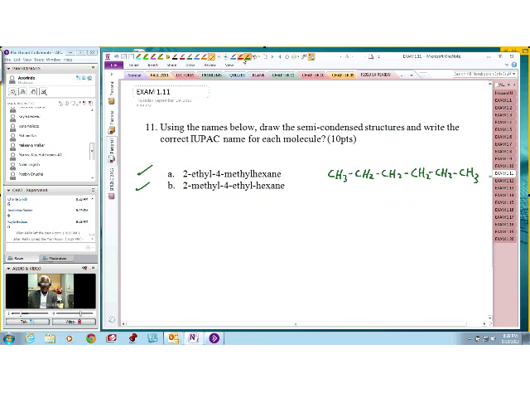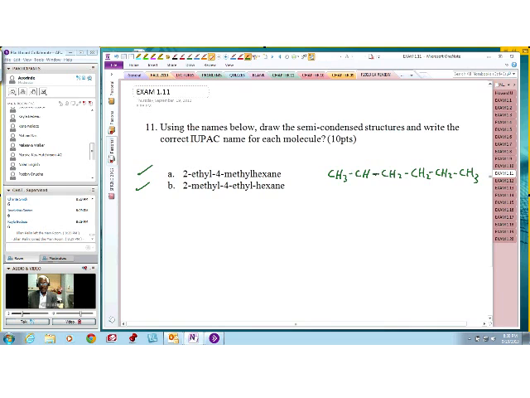Let me say here, according to this, this is 1, 2, 3, 4, 5, and 6. It now says 2-ethyl. So let me take 1 hydrogen out. Notice what I do here anytime I want to put a substituent: I remove one of the hydrogens.